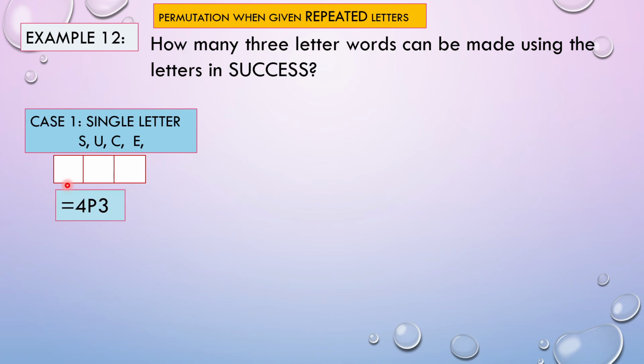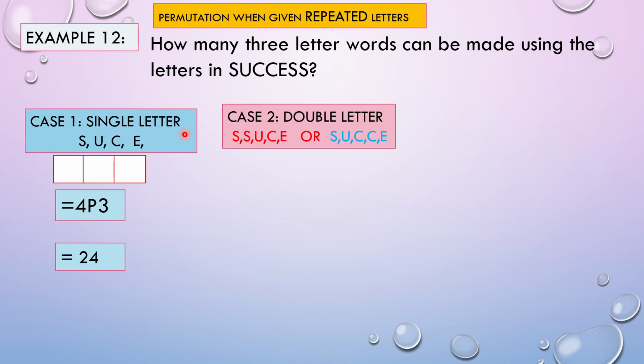Therefore, the answer will be 4P3 equals 24 arrangements. So this is the first case, single letter.